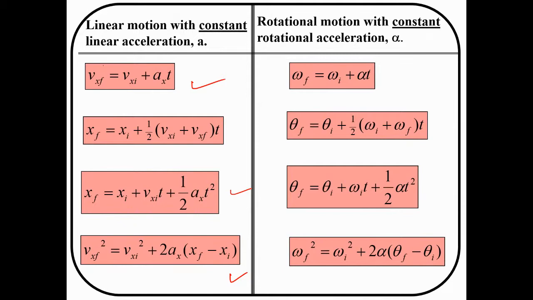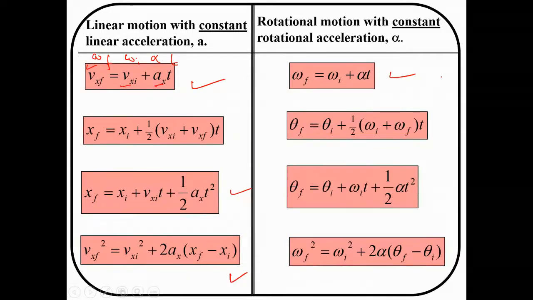Here we have v final, v initial, acceleration, t. Just before, I told you v final becomes omega f, initial is omega i, and acceleration a is replaced with alpha. Time stays as t. You can see everything is written like this.